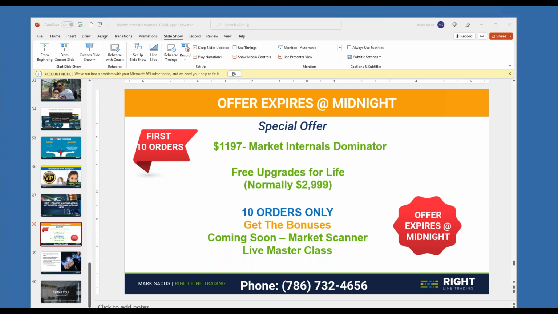Which platform is this? This is NinjaTrader, Mark. NinjaTrader is the only one that can handle it, because it's the only one that allows us to hitch a ride on Kinetic. Sergio and I Googled the entire internet looking for another data feed that provides these kind of metrics. There isn't any, zero, zilch.